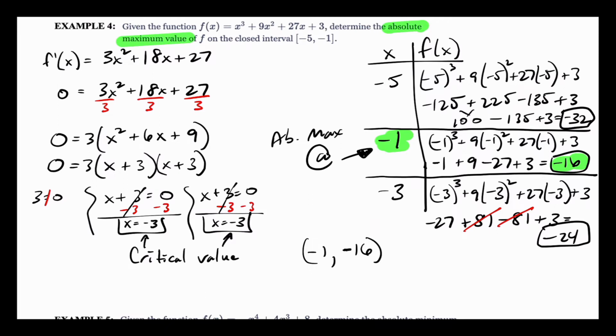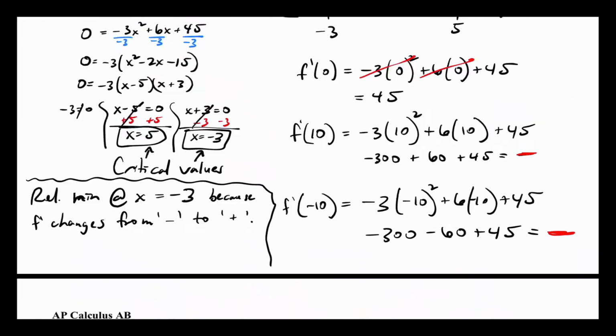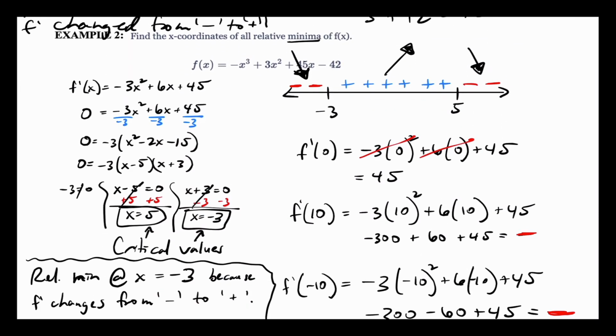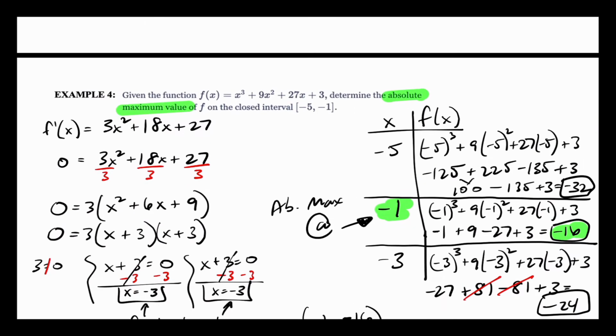If they asked what x coordinate is the relative minima, then you would give the x coordinate. But if they're just wanting the absolute maximum value, that's usually the y value. So make sure you put in your note that they only want the y value, the highest y value, which is negative 16.